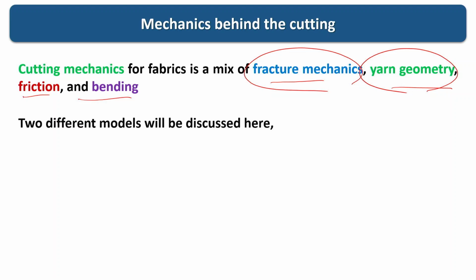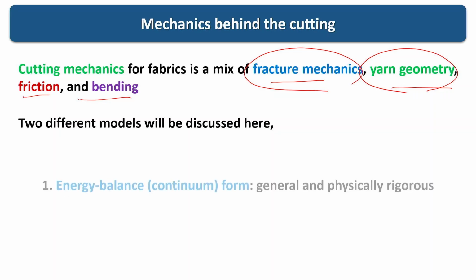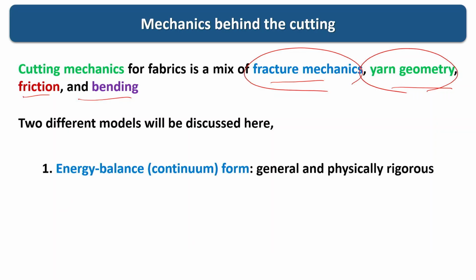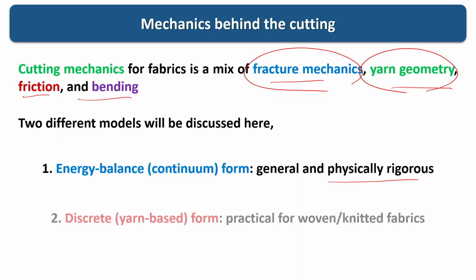There are models behind this mechanics. There are other models also, but here we will be discussing the two important main models. One is the energy balance model, or continuum model, which is a general and physically rigorous model, where we try to balance the cutting energy.